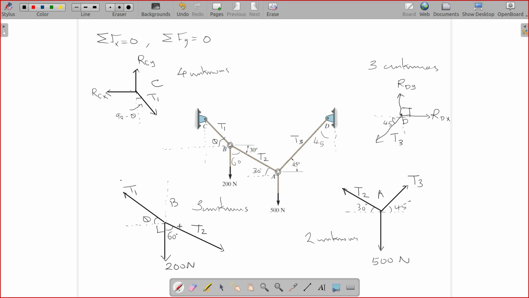And once you solve this system, T1 becomes known, theta becomes known. So the 2 unknowns here are theta and T1. Once you know theta and T1, then here you don't have 4 unknowns. The number of unknowns becomes 2. So this also can be solved. So that's the procedure here.